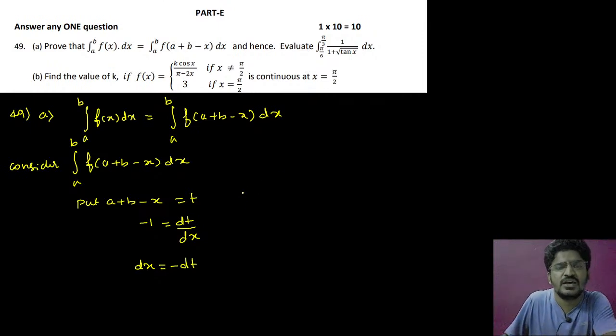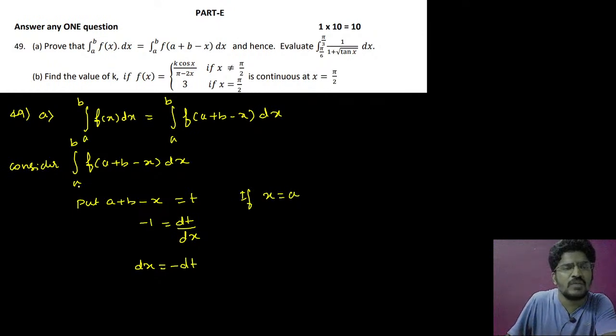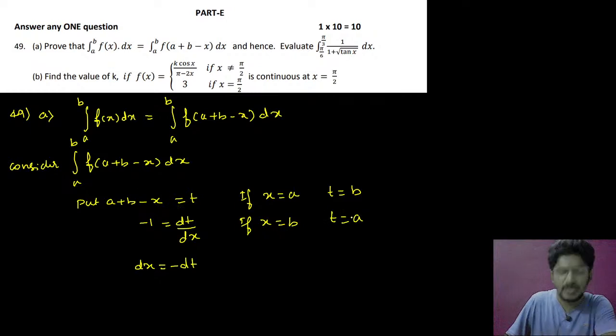If x is equal to a, that is the lower limit, minus a plus a will get cancelled and t will become b. If x is equal to b, that is the upper limit, minus b plus b will cancel and t will become a. Now we got our new upper limit as well as new lower limit. We have to substitute that.